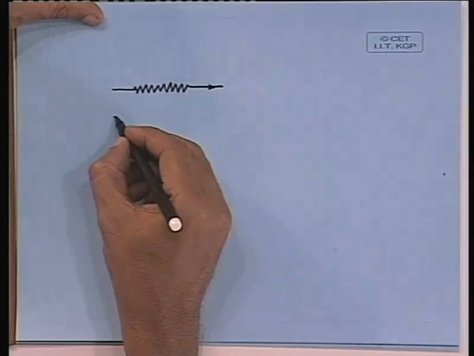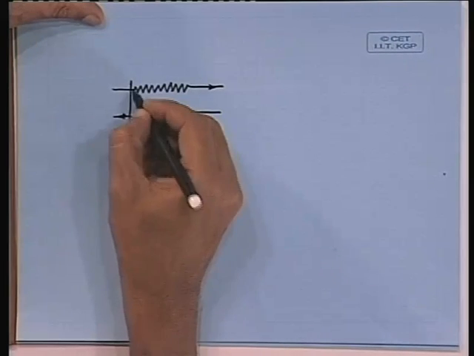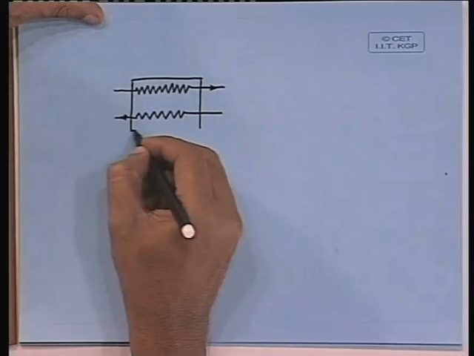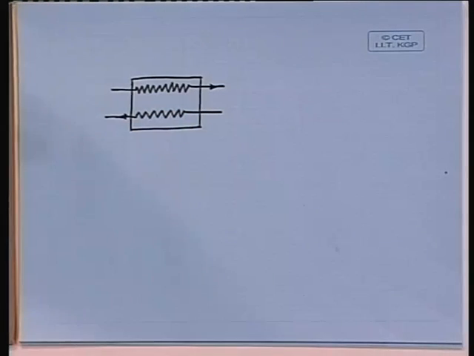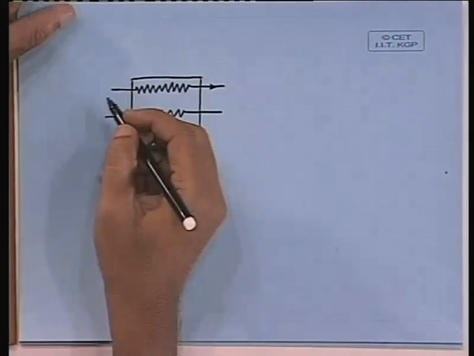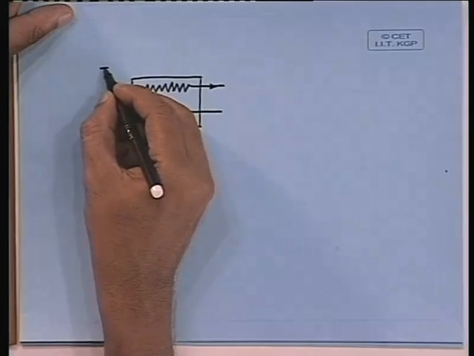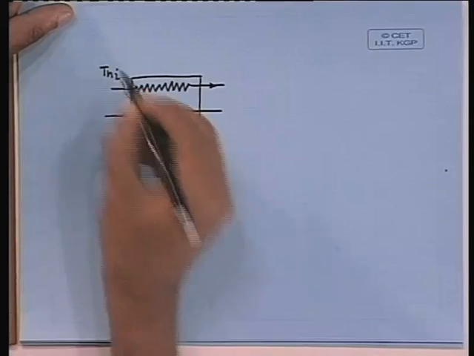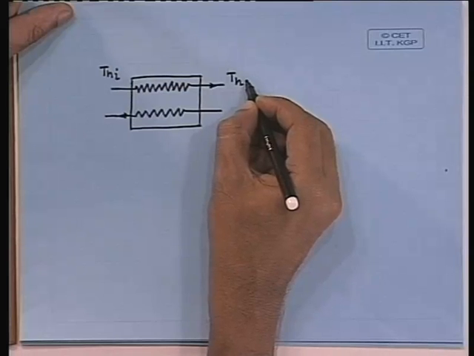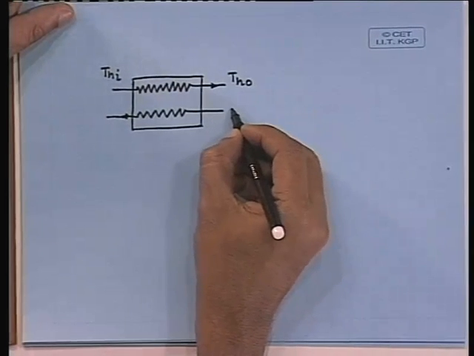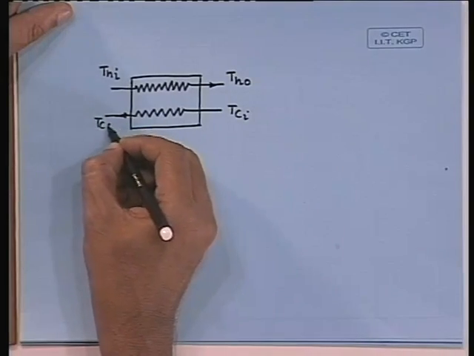This is one stream of fluid, this is another stream of fluid, and they are exchanging heat. Right. Now, for this heat exchanger, let us say this is hot gas, it is coming in at THI inlet, going out at THO outlet, and this is cold gas or cold fluid, TCI and TCO.